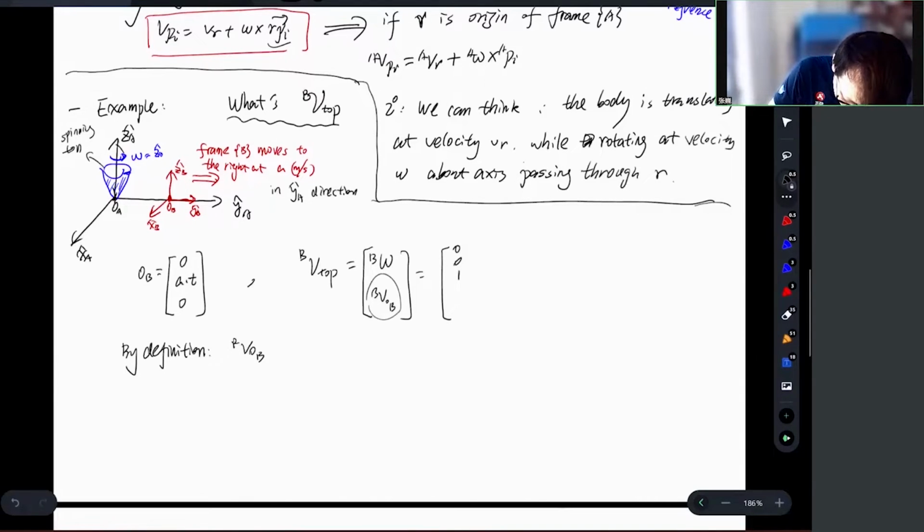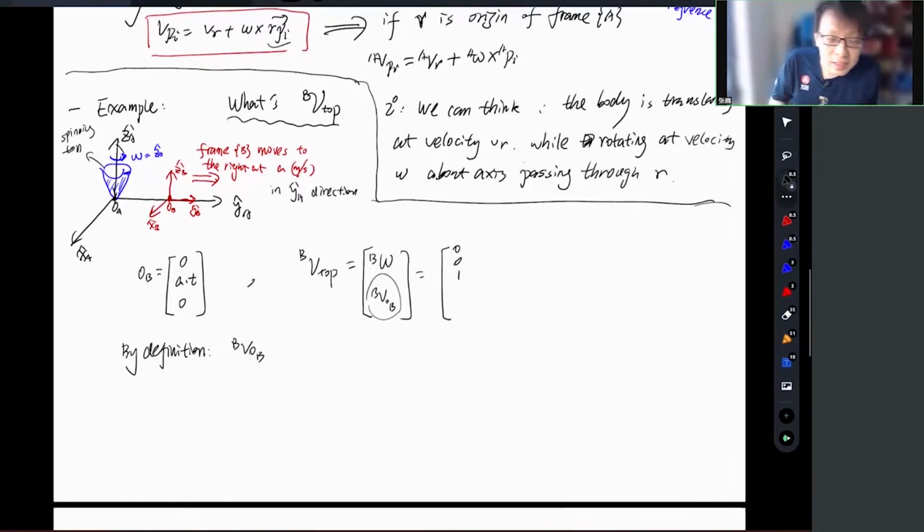VOB in B, it doesn't matter in what frame. So VOB in the twist expression is not how fast OB moves. It's the body fixed point fixed to the spinning top, okay, not fixed to the frame B. It's the body fixed point whose velocity currently coincides with OB.